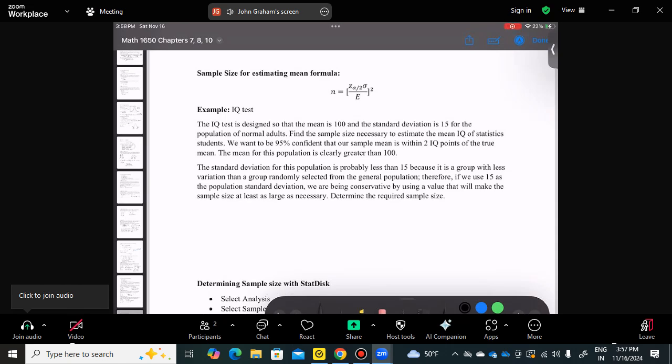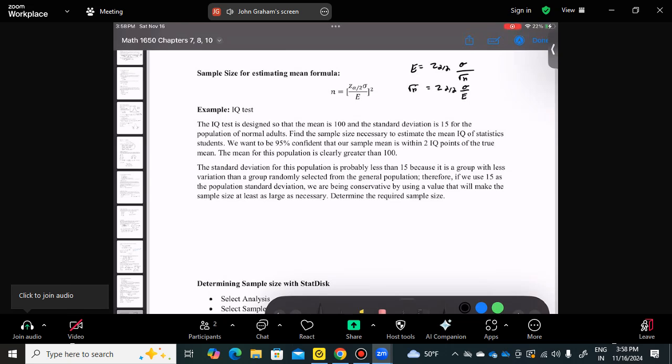Alright, so our margin of error was the z alpha over 2 times the population standard deviation over square root of n. To solve this for n, we'll multiply the square root of n to one side, get it by itself, and divide by the margin of error.